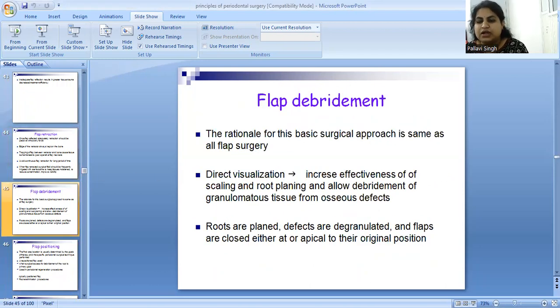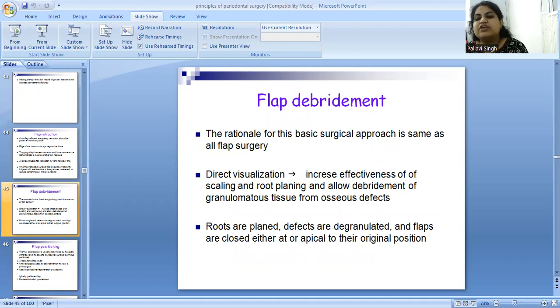Now the flap debridement. The rationale for this basic surgical procedure is the same as for the flap surgical procedure. Direct visualization helps the effectiveness of scaling and root planing, and it allows the debridement of the granulomatous tissue from the osseous defect. And when the flap is debrided and the underlying bone is visible, you can see the clinical defect.